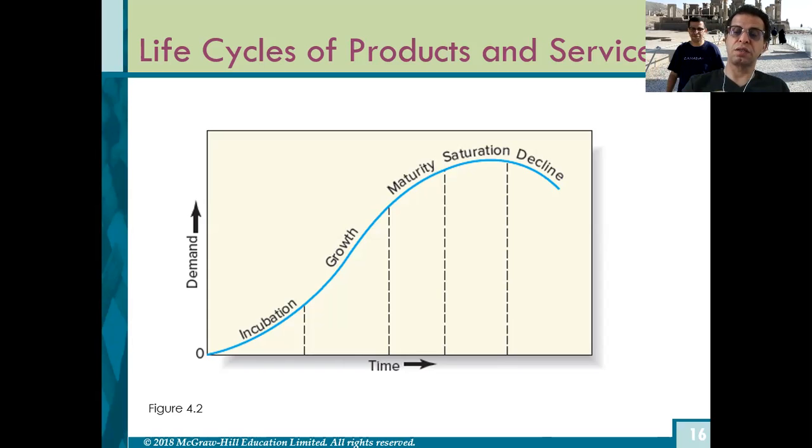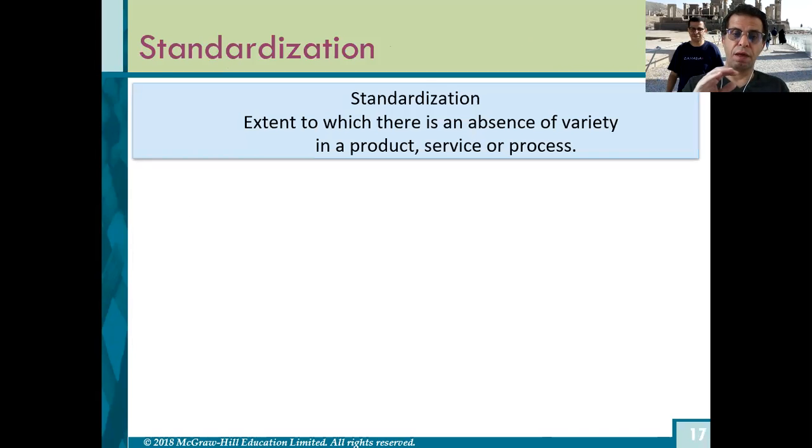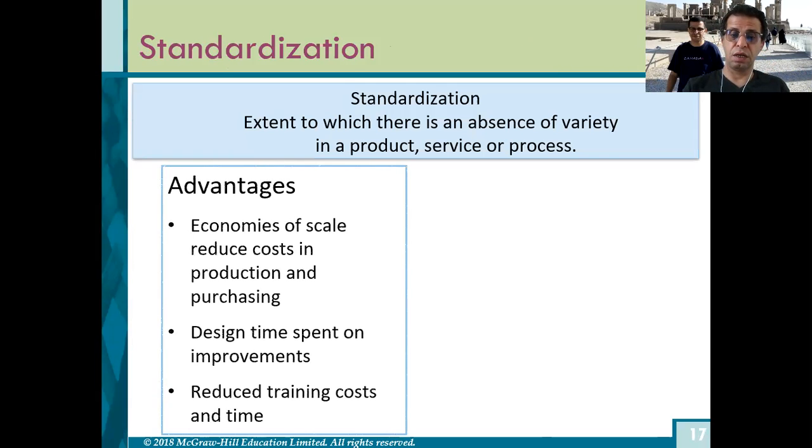One of the things that is declining is, for example, fax machines or landlines over time. Standardization is the extent to which there is an absence of variety, and we usually use Six Sigma to do some standardization in a production, a product, service, or process.